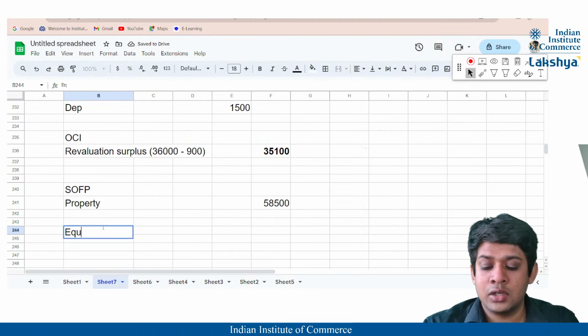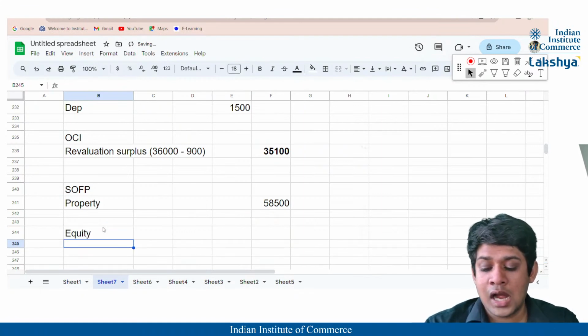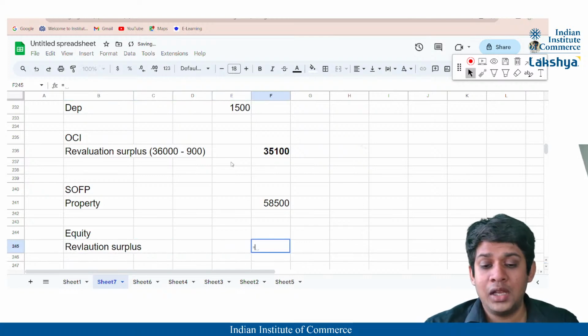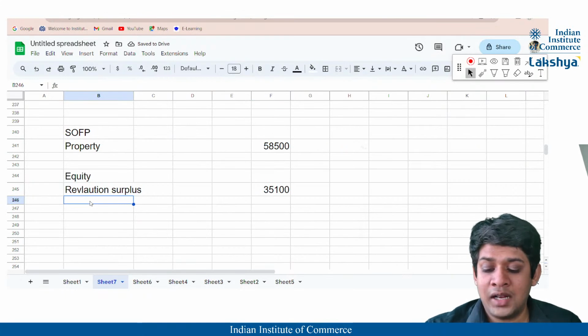In the equity section, I will state my revaluation surplus to be 35,100 and to my retained earnings.